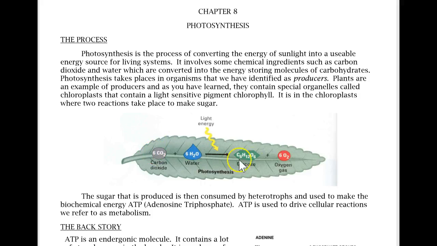So it's like a list of ingredients. We need carbon dioxide, we need water, we need some form of energy in order to make the glucose and to get the oxygen. I gave an analogy in class when we were talking about the chloroplast. I said, think of it like an Easy-Bake oven.